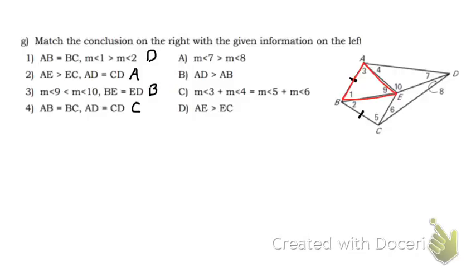I also have this triangle. And they do have 2 sides that are congruent. We have the one we just said, and this one. It says that measure of angle 1 is bigger than angle 2. If angle 1 is bigger than angle 2, that must mean this side is bigger than that side. So we hope that we have one of those. And D is AE is bigger than EC.